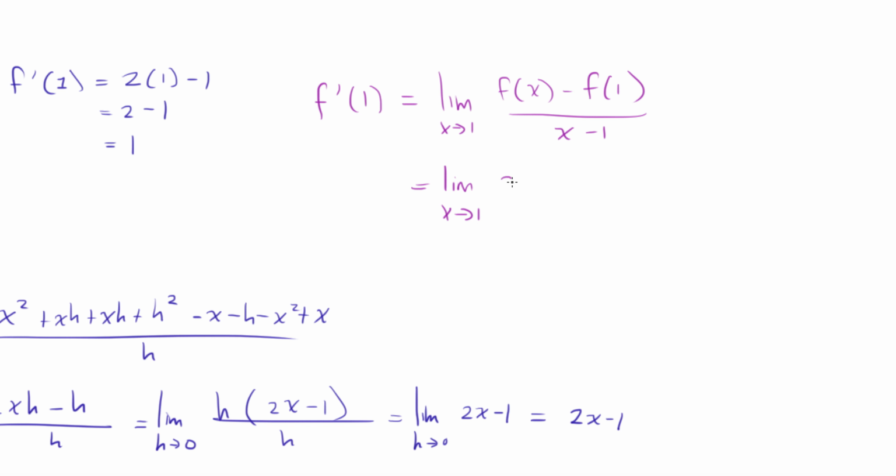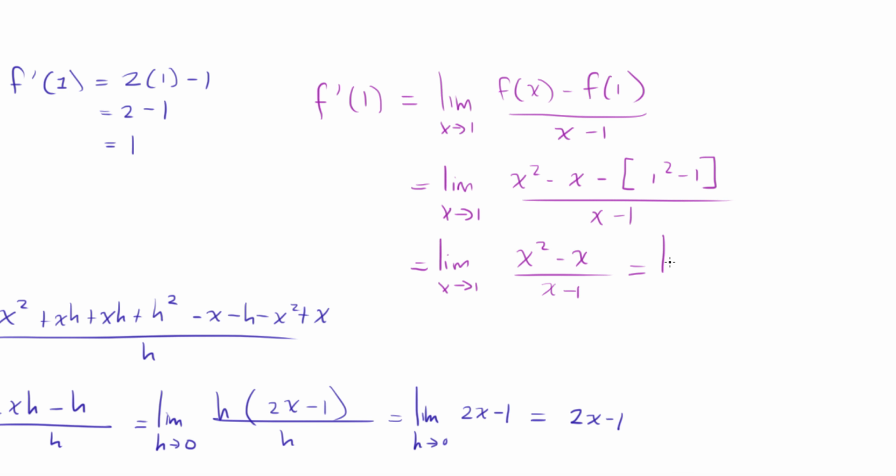F of x is just, what is that? It's going to be x squared minus x minus f of 1, which is 1 squared minus 1, over x minus 1. So it's going to be x squared minus x. 1 minus 1 is 0, so it's just that.